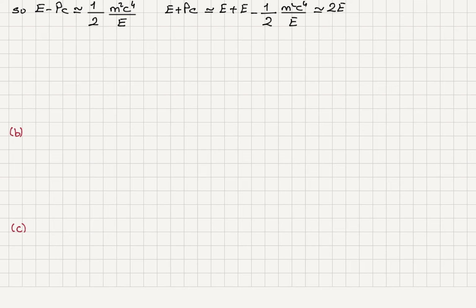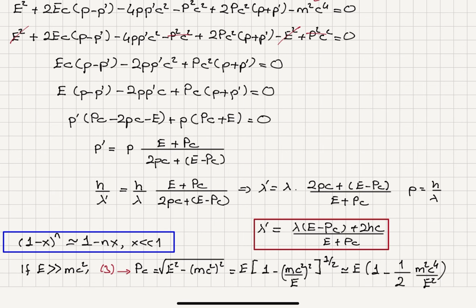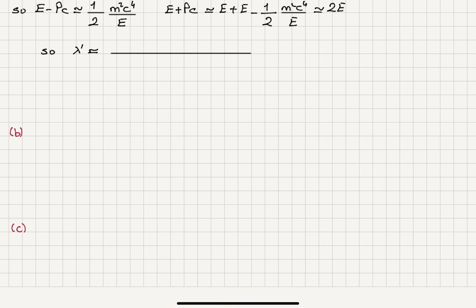So if I go back to my lambda prime expression, lambda prime is approximately, in this limit, lambda times (E minus PC). For E minus PC, I'm substituting this result.